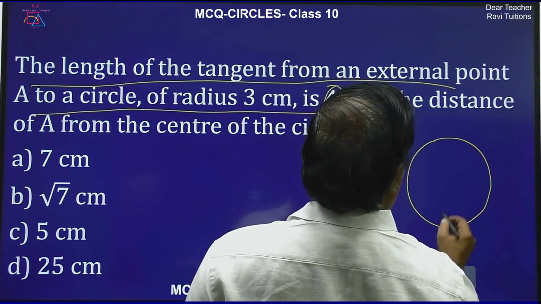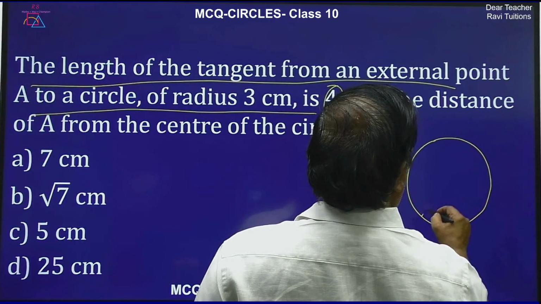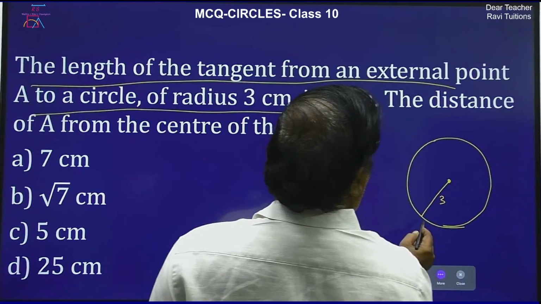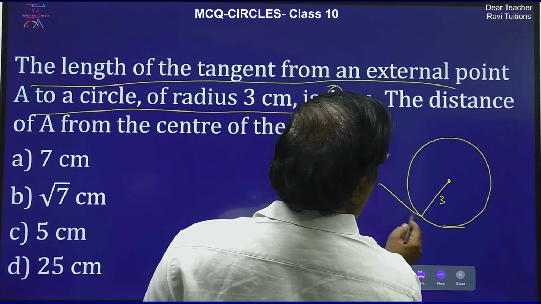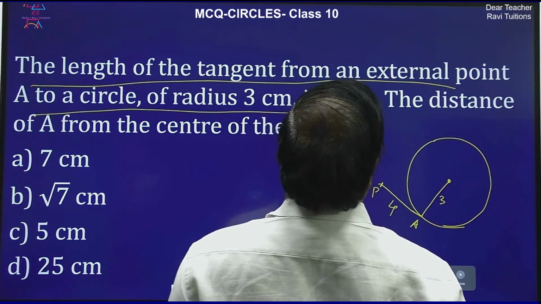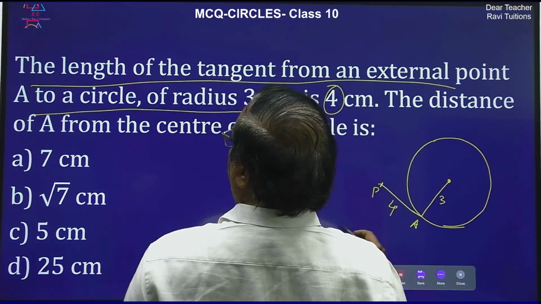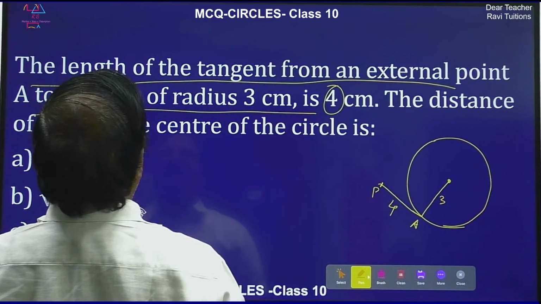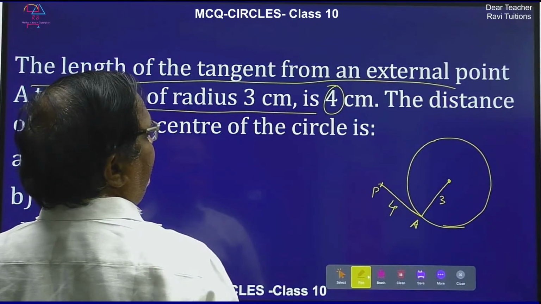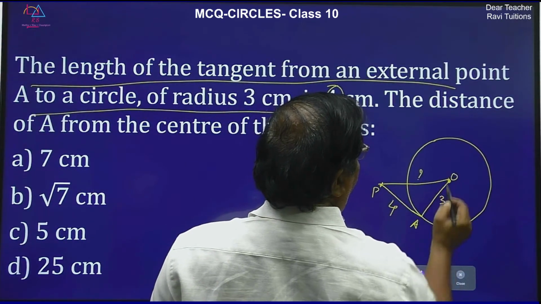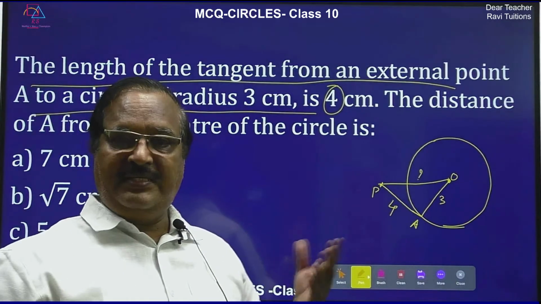Radius is 3 centimeters, and tangent is 4 centimeters, and the distance of A from the center is how much? So this distance is how much?